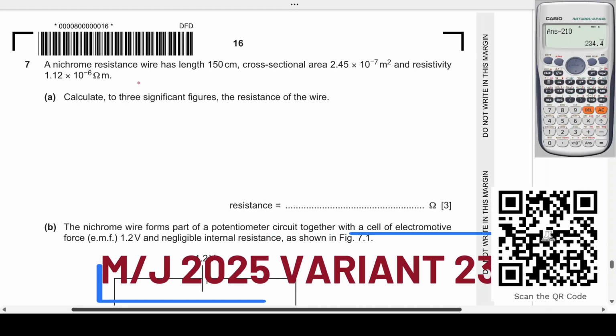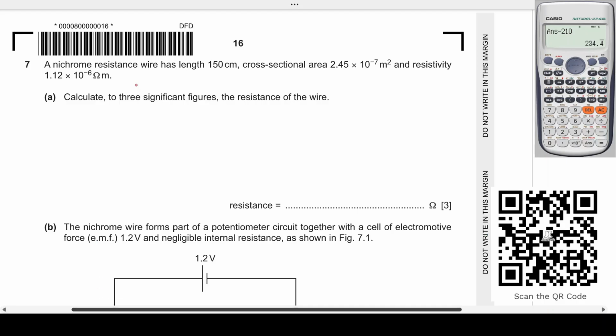Here we have the first one. A nichrome wire has a length of 150 centimeters, which I would like to write as 0.15 meters. The cross section area is 2.45 times 10 to the power minus 7 meters squared, and the resistivity is rho.